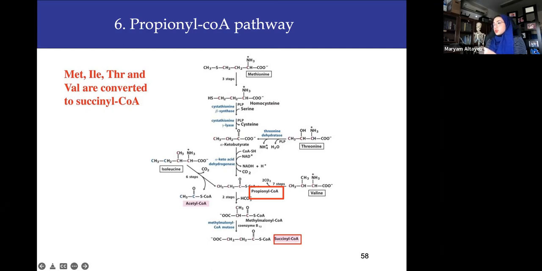And also a deficiency in those causes megaloblastic anemia. Also, for vitamin B12 specifically, its deficiency will lead to impairment in formation of succinyl-CoA, and you can also have folate deficiencies associated with spina bifida.